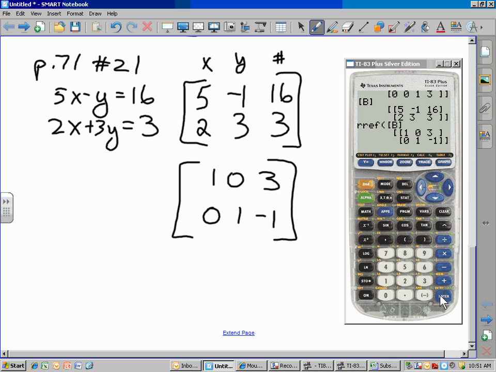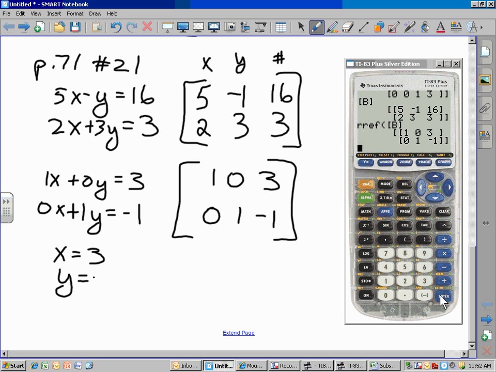So again, it's the same. 1x plus 0y equals 3. 0x plus 1y equals negative 1. So x equals 3, y equals negative 1. The solution is 3, negative 1. And we already worked that out algebraically yesterday in the homework.